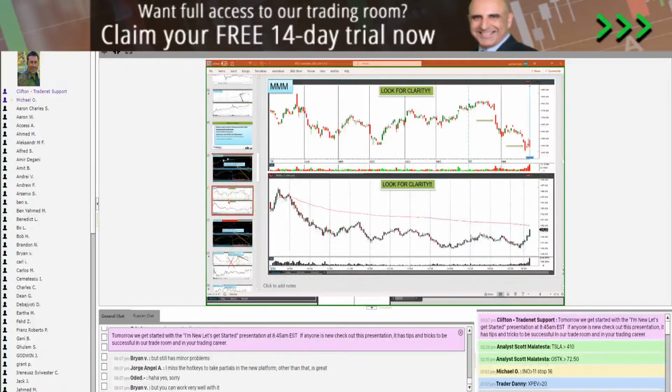Take a look, guys, at these examples for 3M days. Okay, where 3M is a momentum stock. And 3M is a momentum stock when the volume and the daily range are converging to be at least 2 to 3 times higher versus the average.